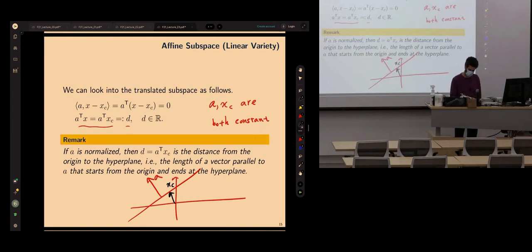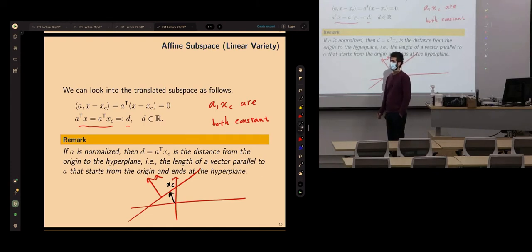A is the vector that is parallel to the normal of the hyperplane.